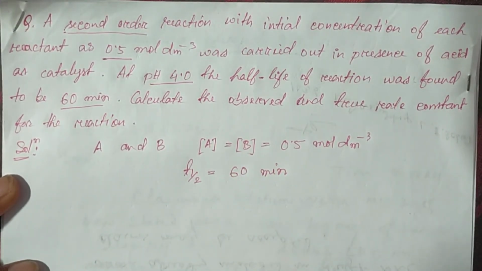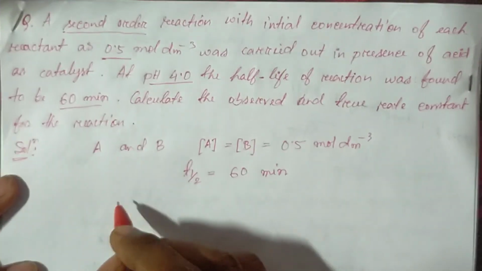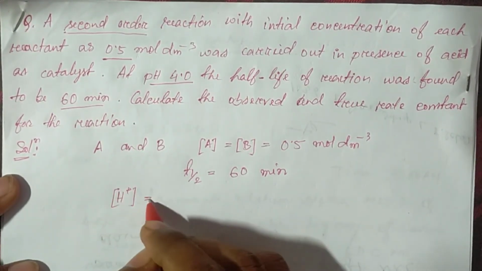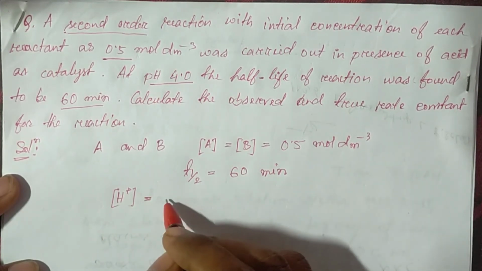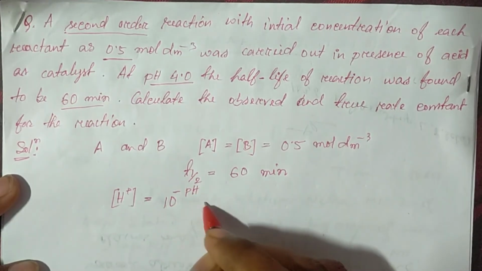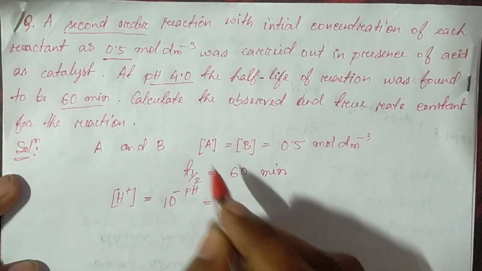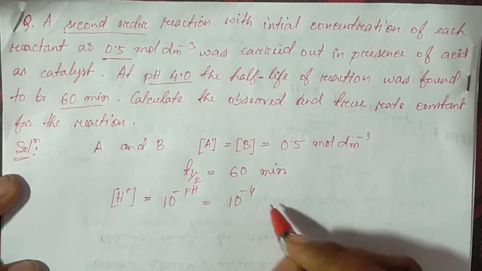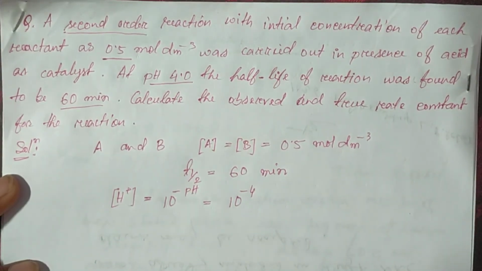And pH means you can write H for acid it is 10 to the power minus pH, and it is given that pH is equal to 4. So we will write 10 to the power minus 4.